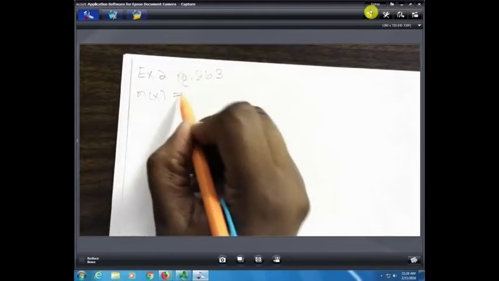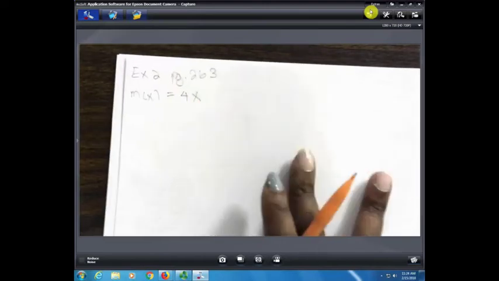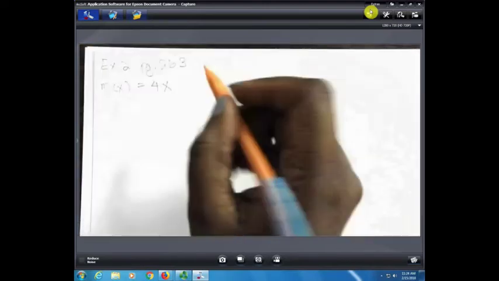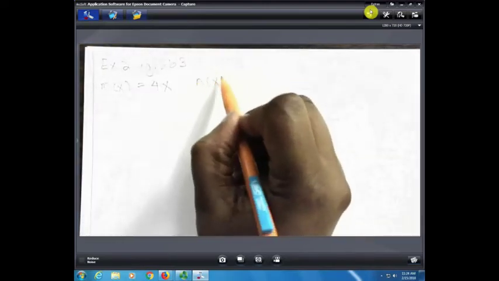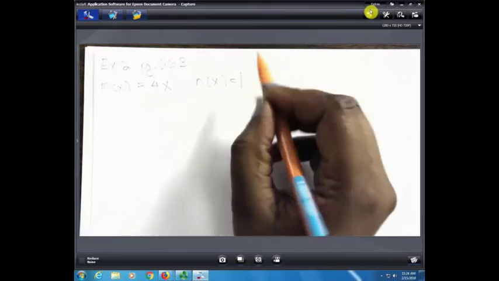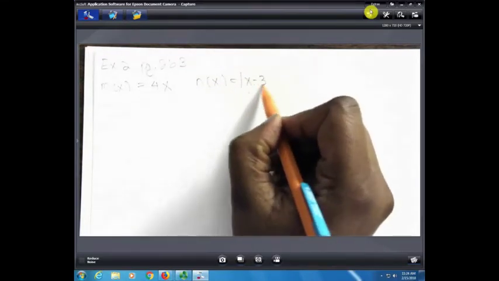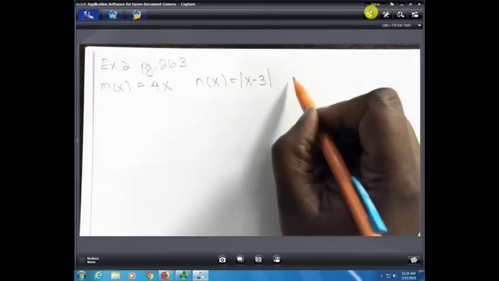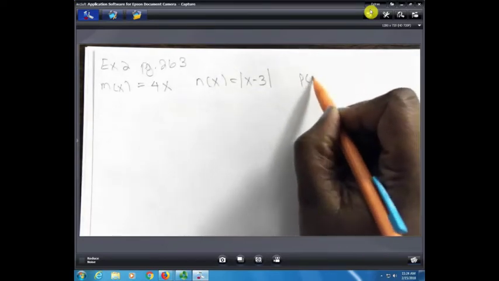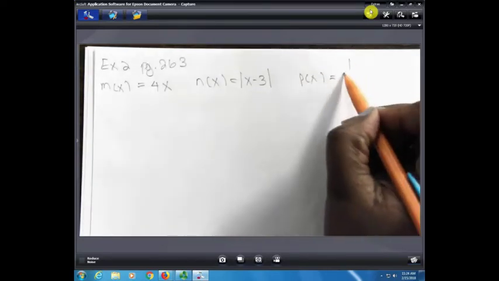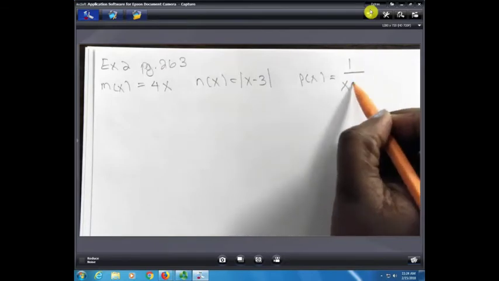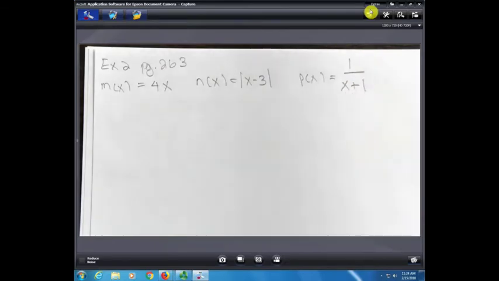And if m of x is equal to 4x, n of x is equal to the absolute value of x minus 3, and then p of x is equal to 1 over x plus 1.